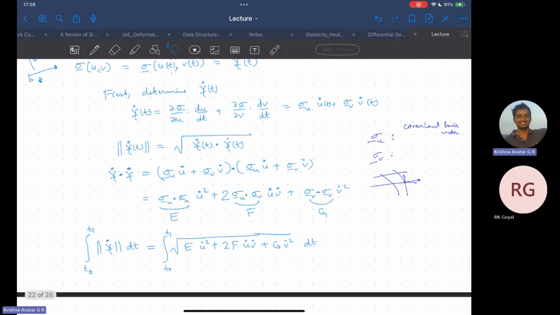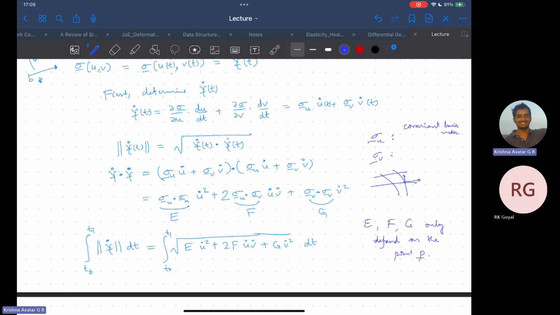And we call these quantities E, F, and G. What we see is that E, F, and G only depend on the point at which the derivatives are taken, point P, say.